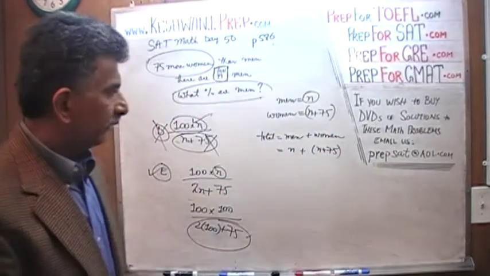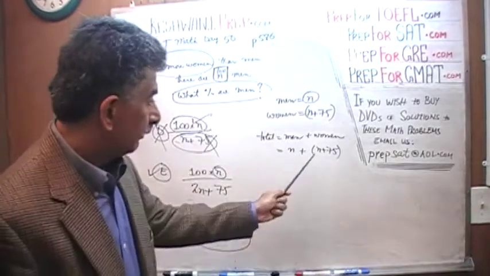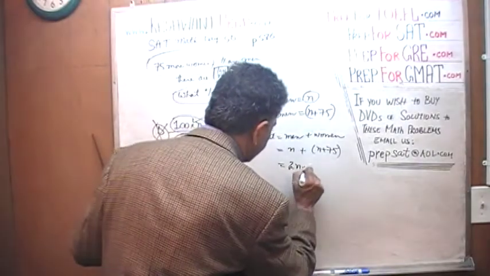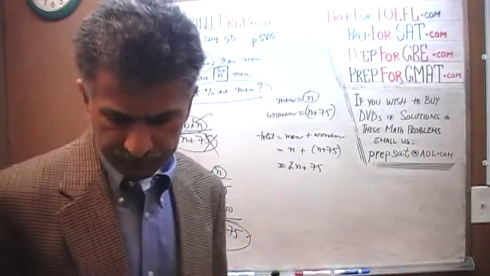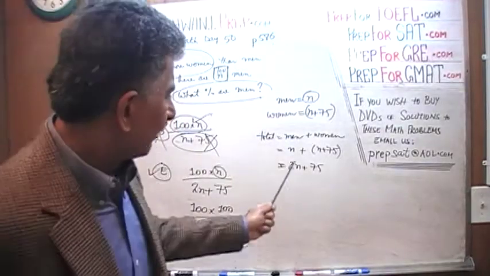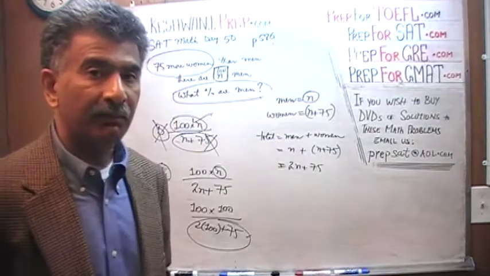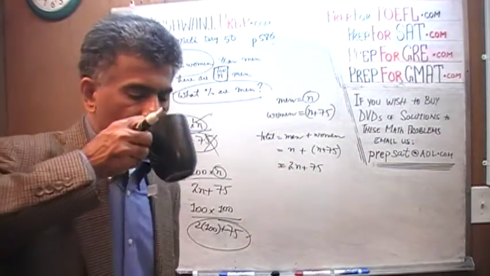You see, this is where the tricky part comes in. n plus n plus 75, we combine the two n's and we get 2n plus 75.